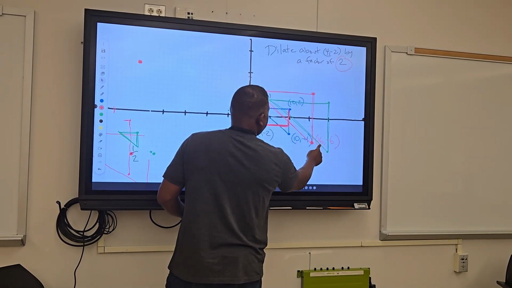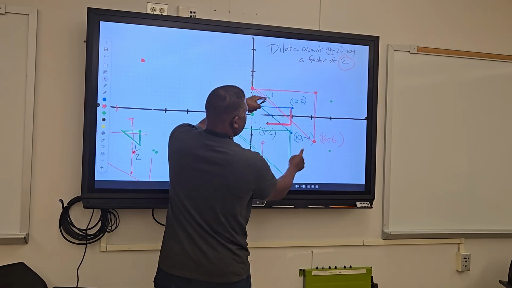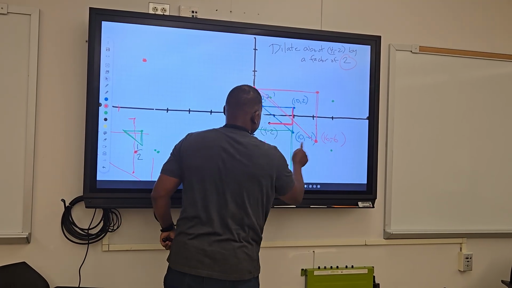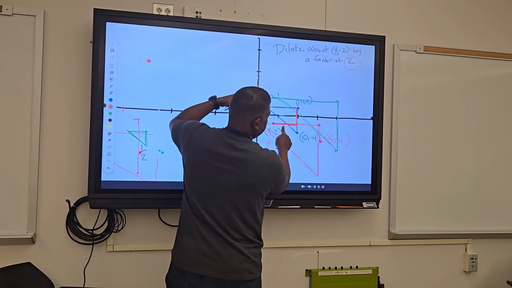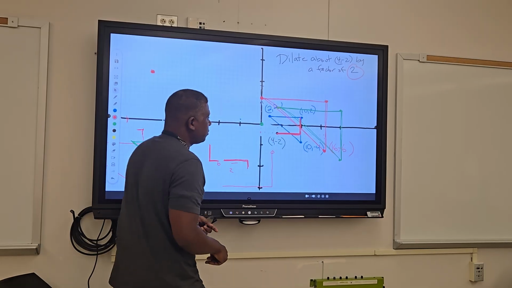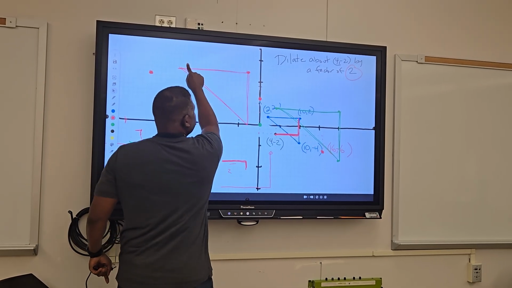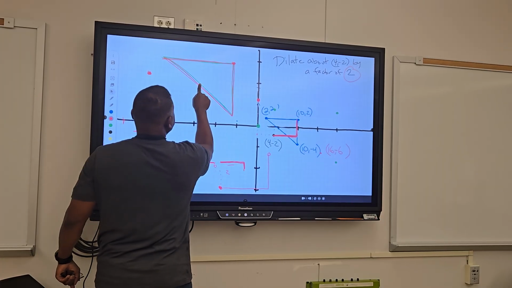So the green dots are when I dilated by the origin. The red dots are when I dilated by this point, 4, negative 2. Do we see that the red triangle and the green triangle are the exact same size?